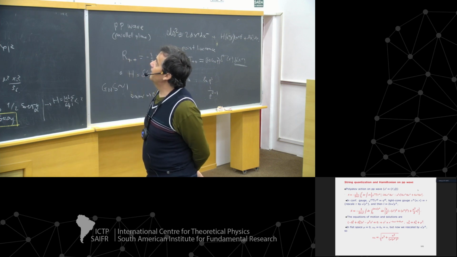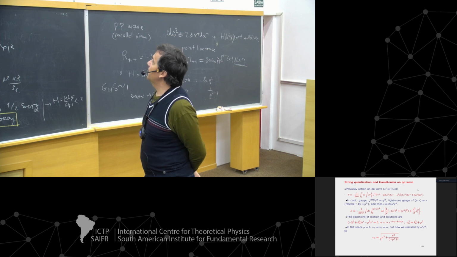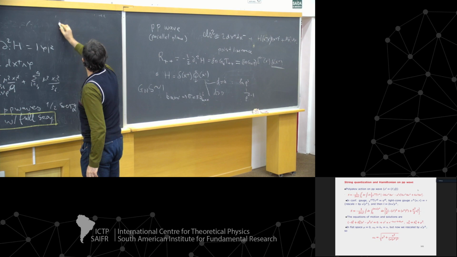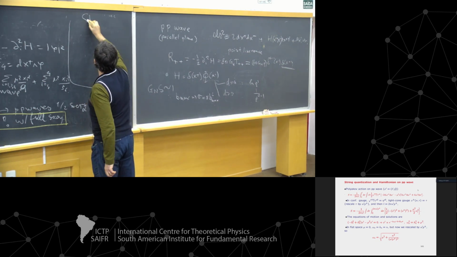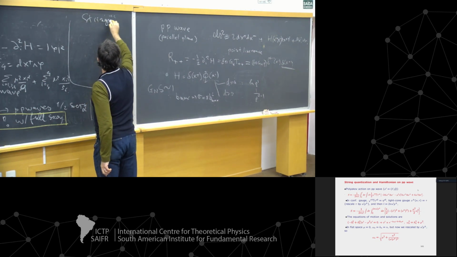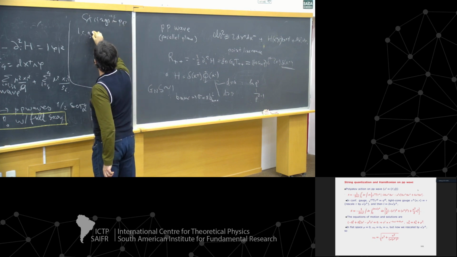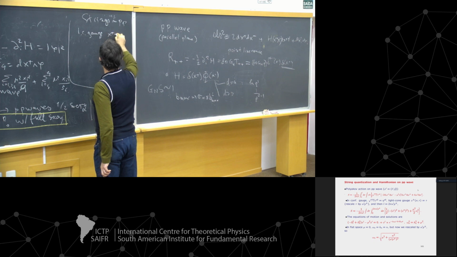One considers, as usual, the light cone gauge x plus equal to tau. So let's say strings in the pp-wave, light cone gauge x plus equal to tau.